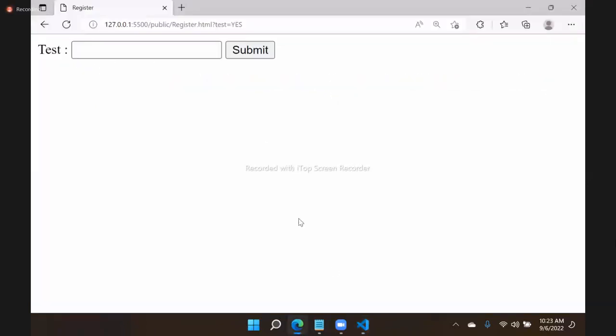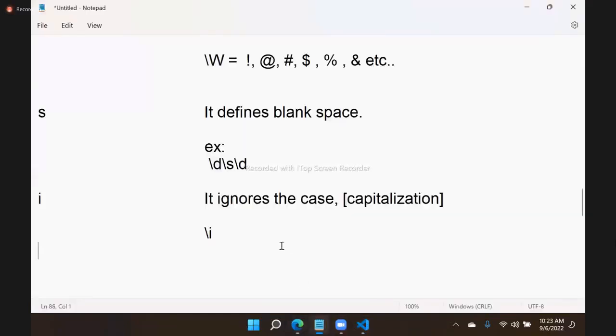That means if I use /i here, for example, if I'm simply using yes /i, this indicates yes, yes, yes, anything.